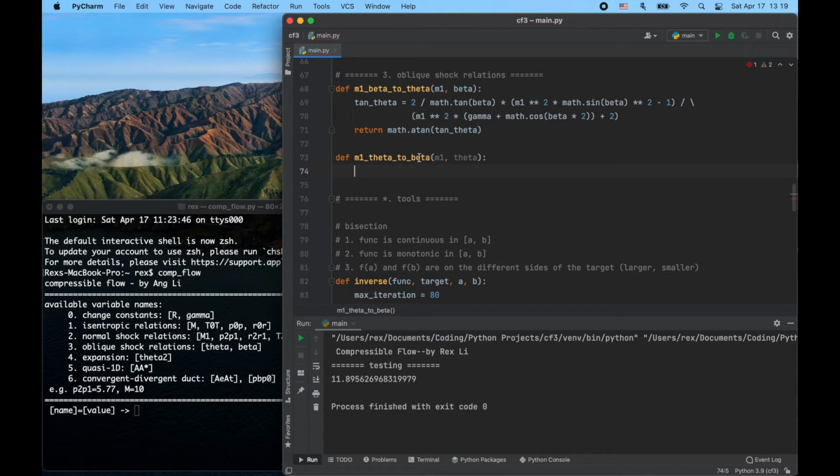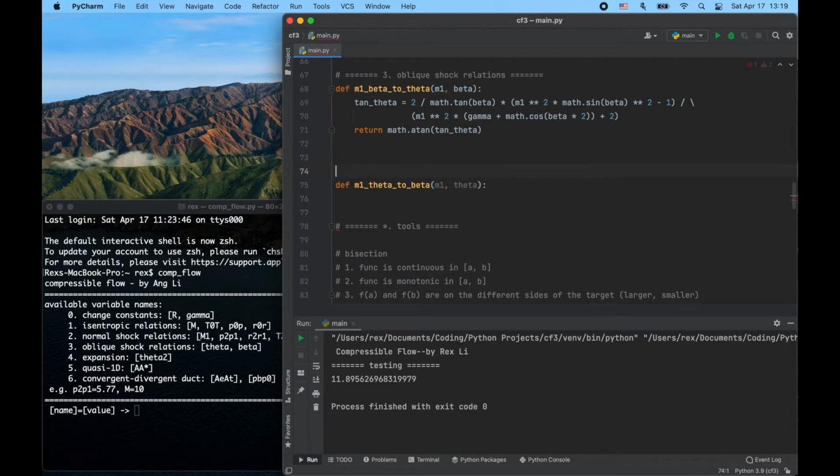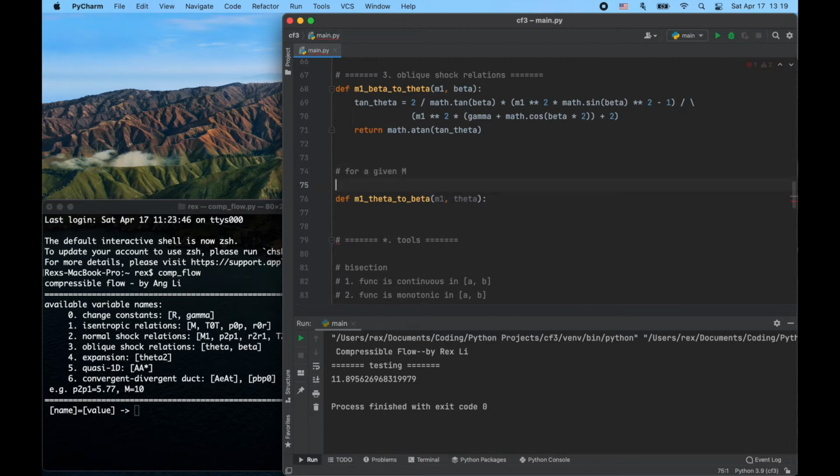Also, beta is not a monotonic function of them. If we observe the function or the diagram in the textbook, we find that for a given Mach number, the valid beta value is between mu, which is the Mach angle, and 90 degrees.